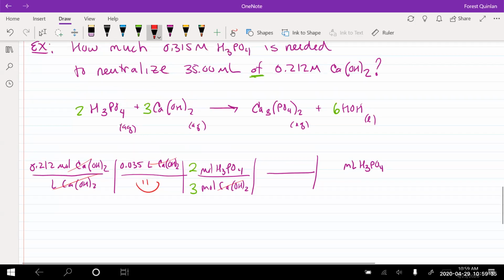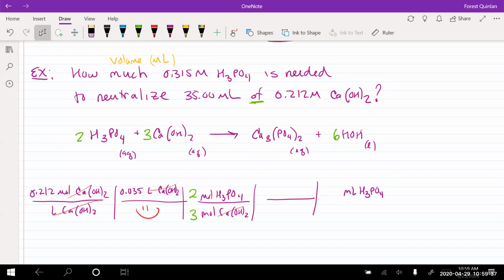Well, right here. Because remember, there's a moles per liter. There's a moles per volume right here. And so all we have to do is pull that volume out, and we do that by flipping over the molarity to be 0.315 moles of H3PO4.